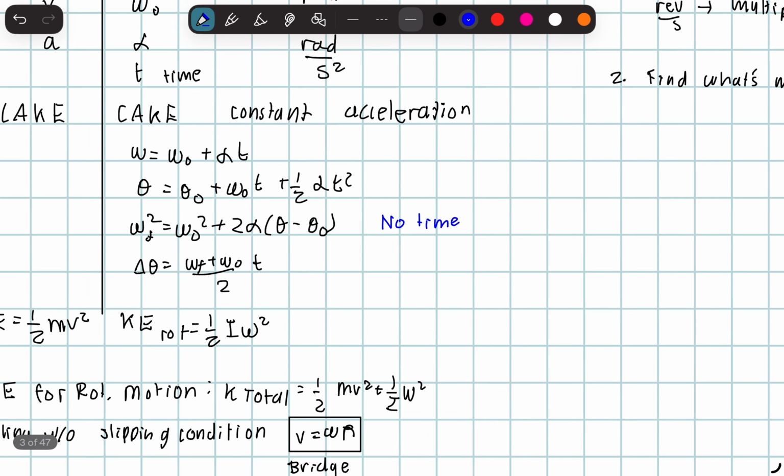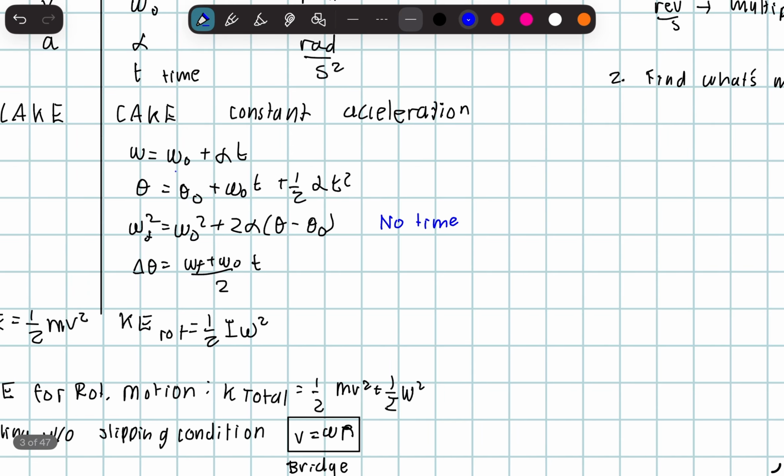Now, what about if you have this equation? This is when you have omega initial, omega final, and also time. This allows you to solve for acceleration.